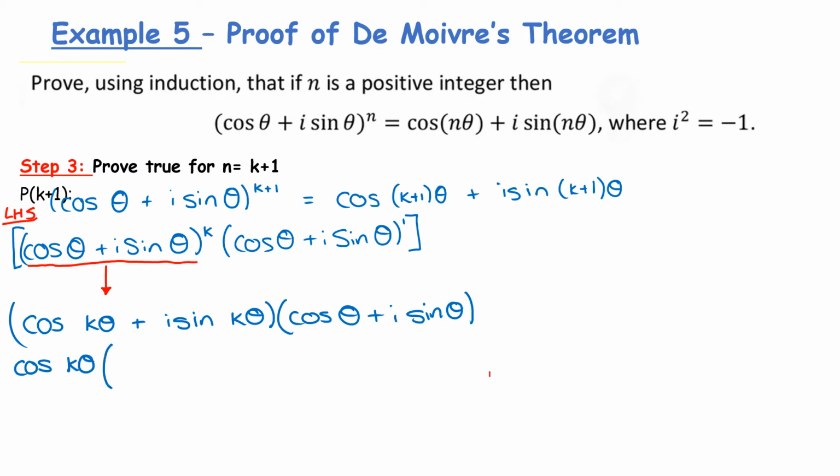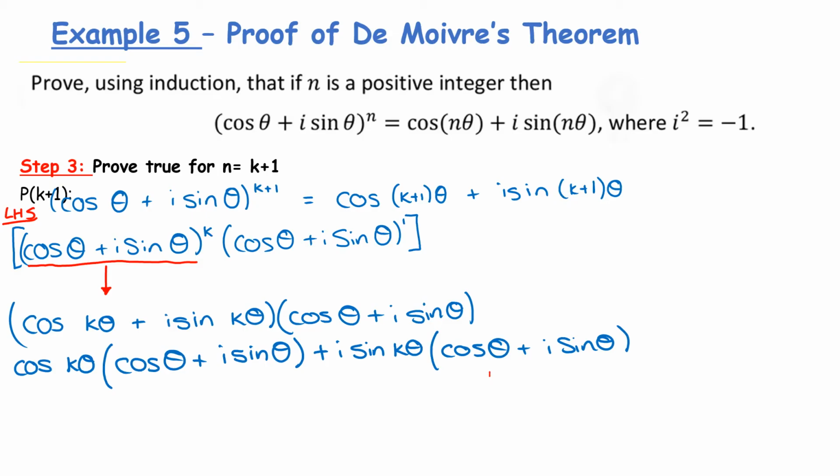So I'm going to break up my brackets. Cos of theta plus i sine theta, plus i sine k theta times cos of theta plus i sine theta, and that gives us cos k theta times cos theta plus i cos, I like to pull that i out in front.